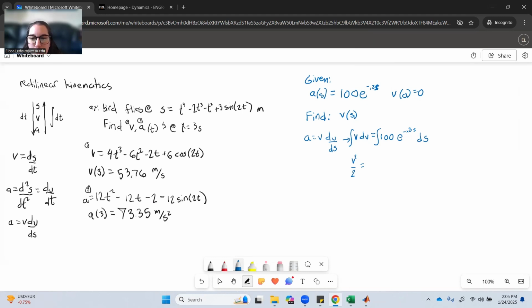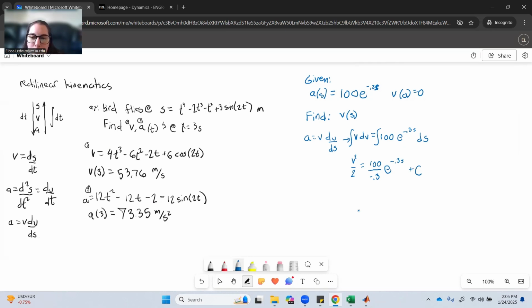But now here there's this 0.3 in there. And so we have to use chain rule. So integrating this, we'll get 100. And then we have to divide by that negative 0.3. e to the negative 0.3 s. And then plus constant.